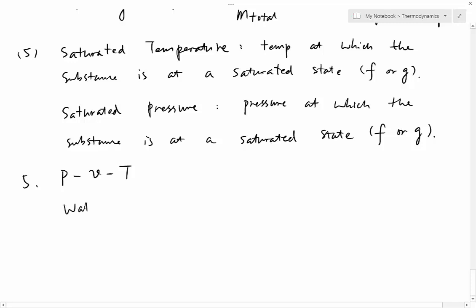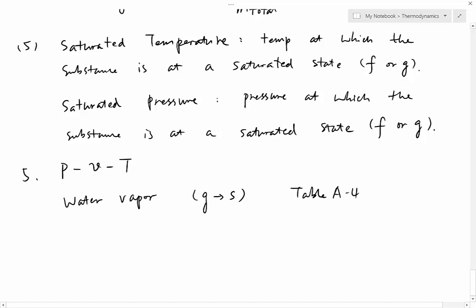If you deal with water vapor, okay, in other words, between G and S, between saturated vapor and superheated vapor. As long as you deal with anything that is vapor, we go to table A4 in your textbook.